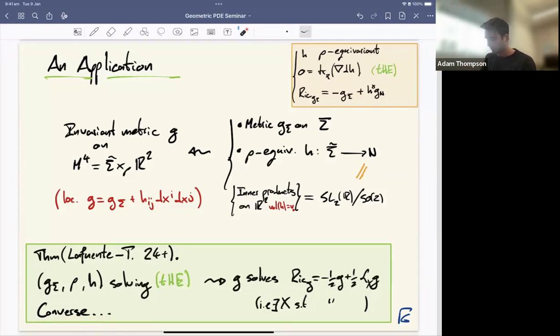So if you have one of these Ricci solitons that has a particular type of symmetry, then it's actually coming from one of these solutions to the twisted Harmonic-Einstein equations. There are some technicalities there that I haven't mentioned, but that's true also. So in this case, that really is the Ricci soliton equation in this particular context.